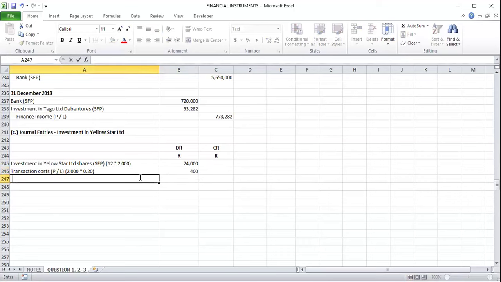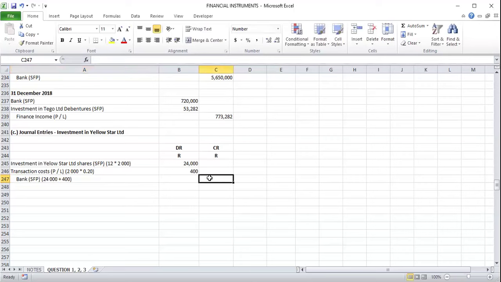Then we credit the bank because we're paid, which is 24,000 plus 400, which is 24,400.